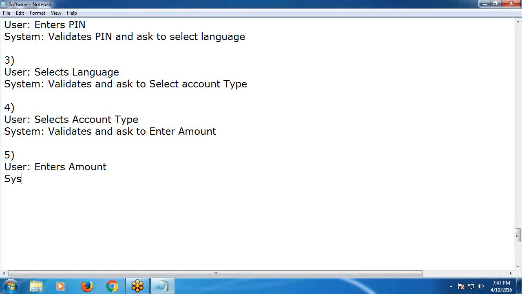Next, system validates, next releases money. See, this is mainstream scenario.